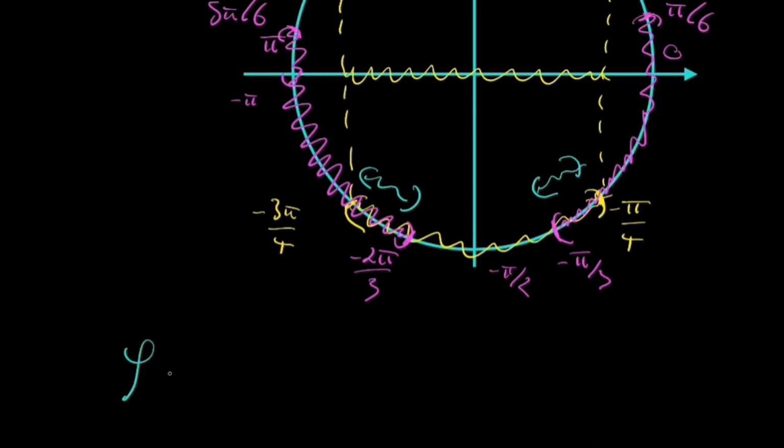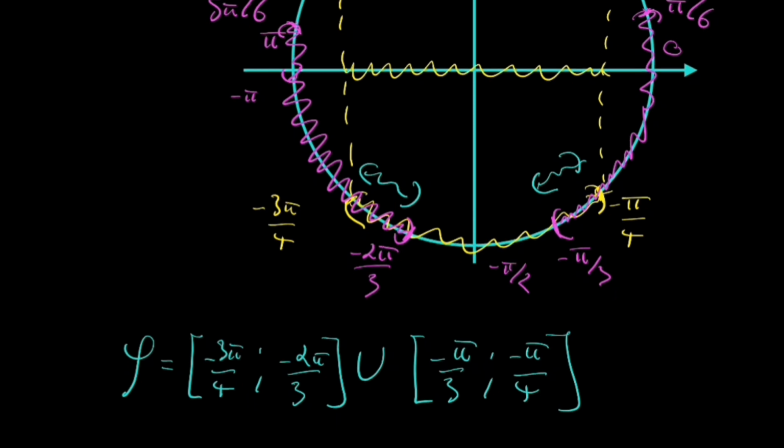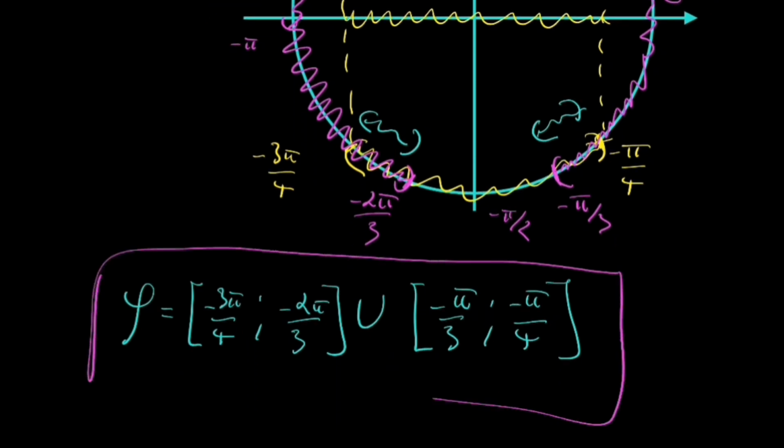So our set of solution is equal to the reunion, written like that, of the interval minus 3 pi over 4 to minus 2 pi over 3, reunion with minus pi over 3 to minus pi over 4. And this gives us our final solution.